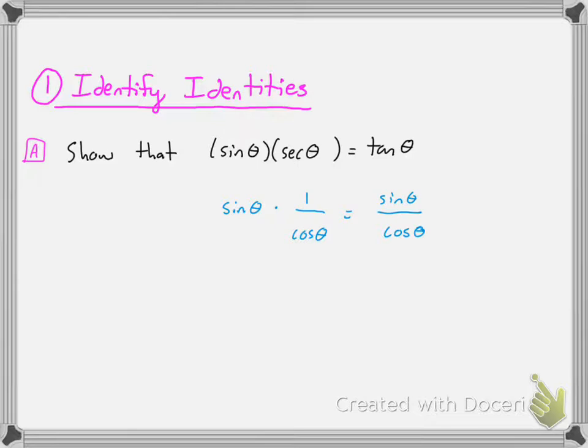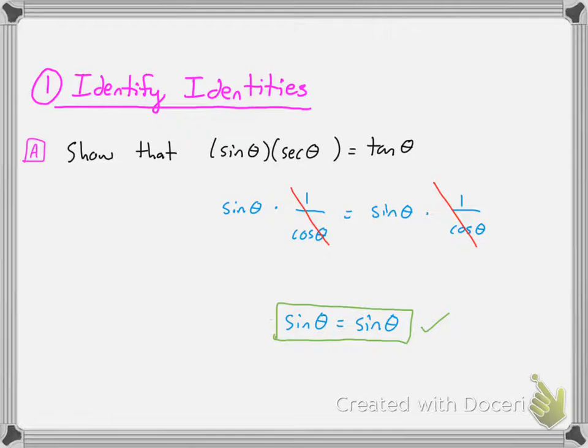From here, I can see that most everything matches up. To get the right side to match up with the left side, I'm going to rewrite sine over cosine as sine times 1 over cosine of theta. Now, I can cancel out those cosines on both sides, and I can see here I have sine of theta equals sine of theta. Basically, I've simplified to the point where my left and right side match up, and that's my goal.